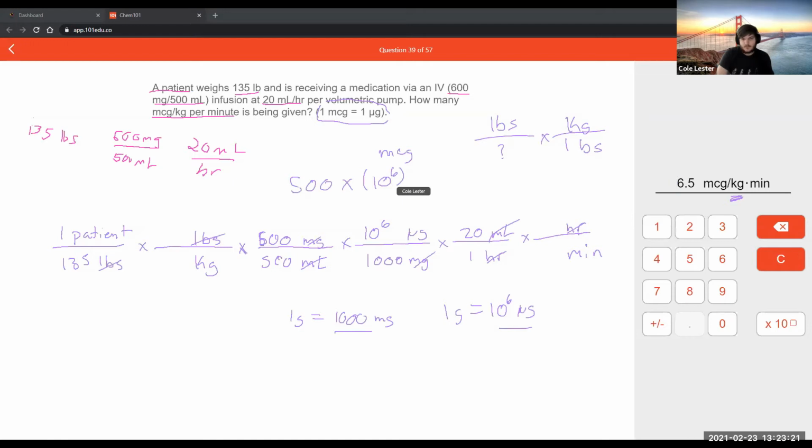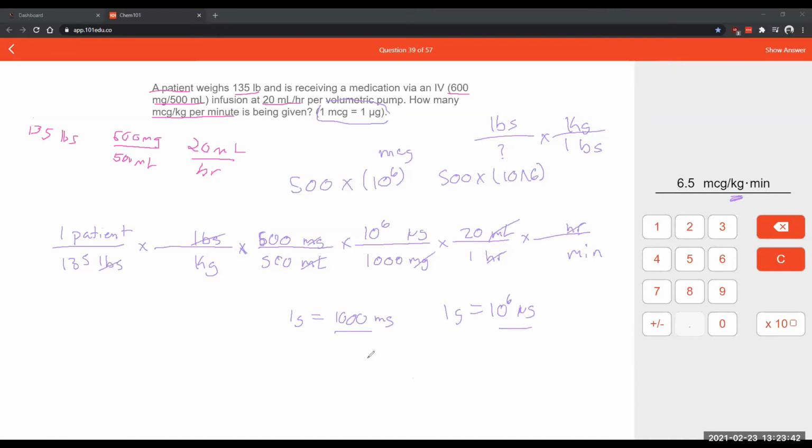Or it'll look like 500 times 10 arrow 6. Or you can take it out of scientific notation, where 10 to the 6 is 1,000,000. Then you just multiply it by 500.